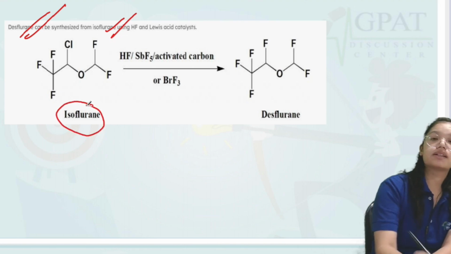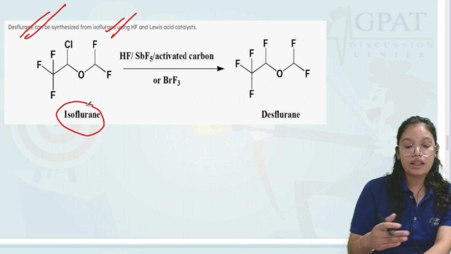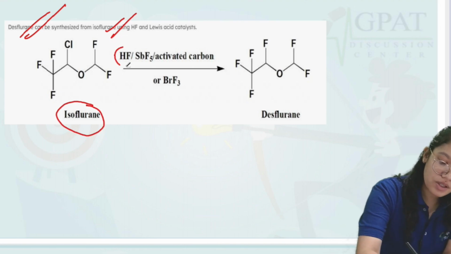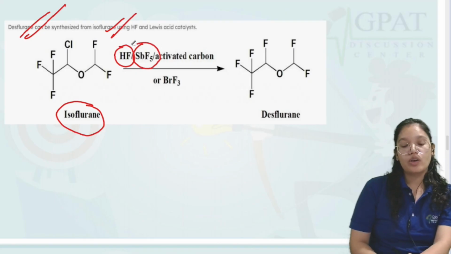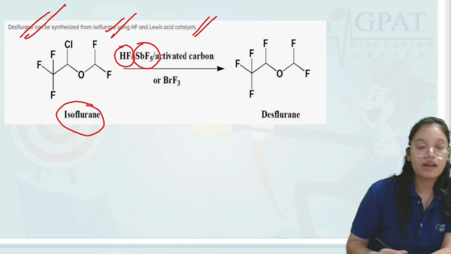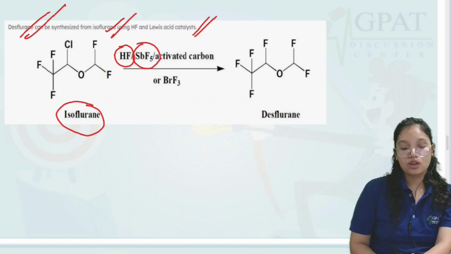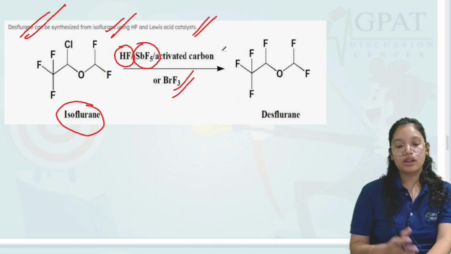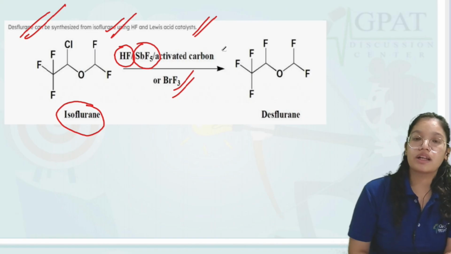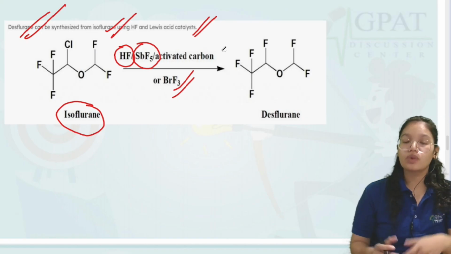Isoflurane can synthesize desflurane in the presence of what? HF and SbF5, or we can say the Lewis acid catalyst. We can also use BrF3. That is a Lewis acid catalyst.